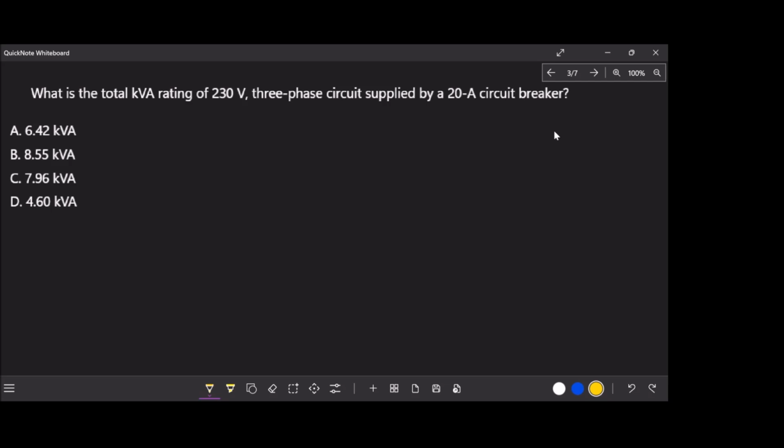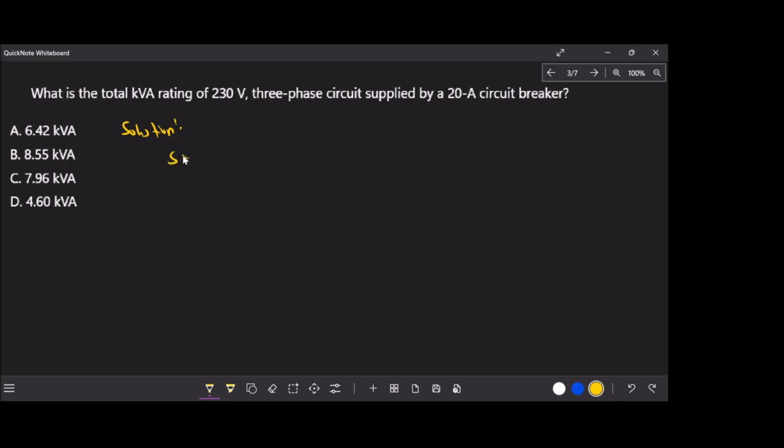Okay, so solution. We are now on three-phase system. Yung three-phase system is all about alternating current po yan. Kasama po yan sa topic ng exam na nagpo-focus sa alternating current. So ang hinahanap po ay kVA.